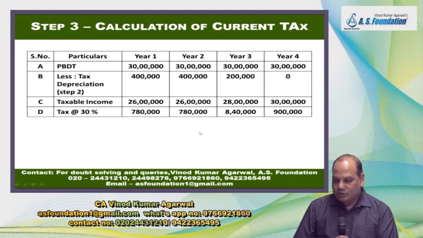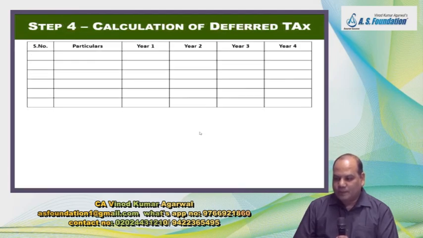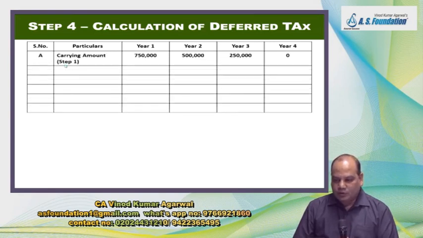Now dear student, our next step would be deferred tax. Again you draw the format: year 1, year 2, year 3, year 4. Then you have to compare carrying amount with tax base. So point A, write down carrying amount, in bracket step 1.